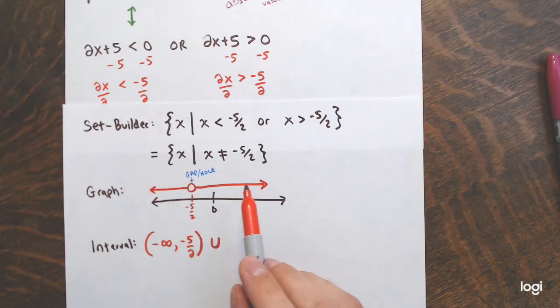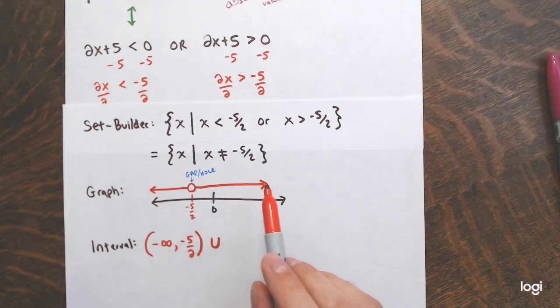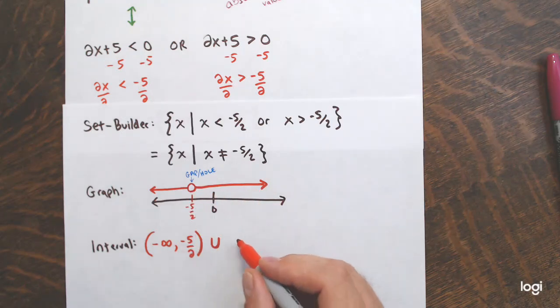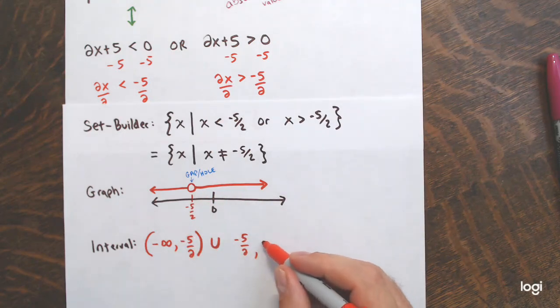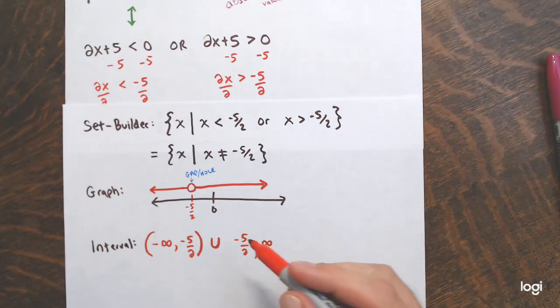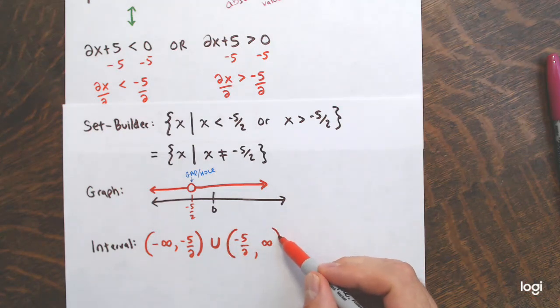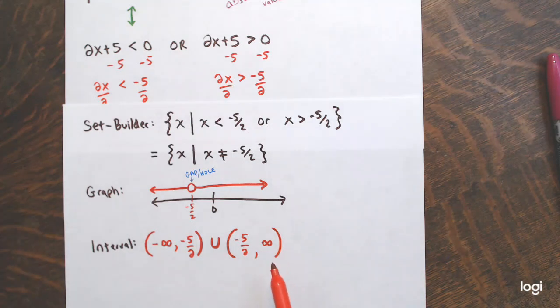And then the right part of the graph, this right piece after the gap, after the hole. Its left end is starting at negative 5 halves, and there is no right end, so it's going to infinity. And negative 5 halves is not a solution, so parentheses, and infinity is not a solution because it's not a number, also parentheses.